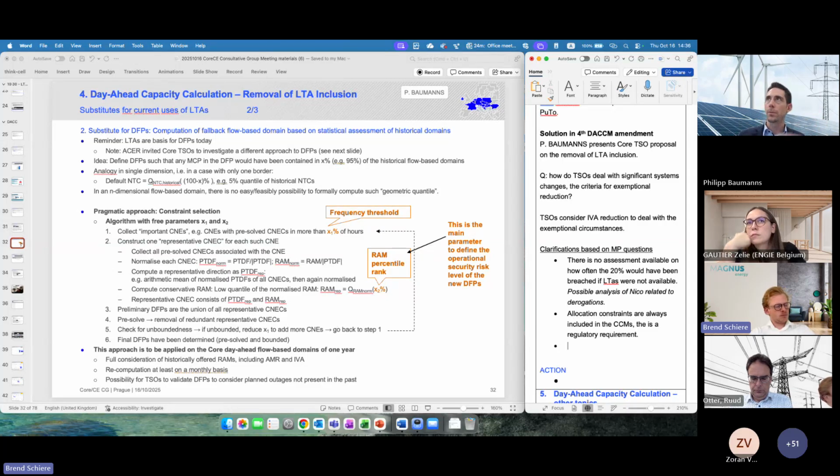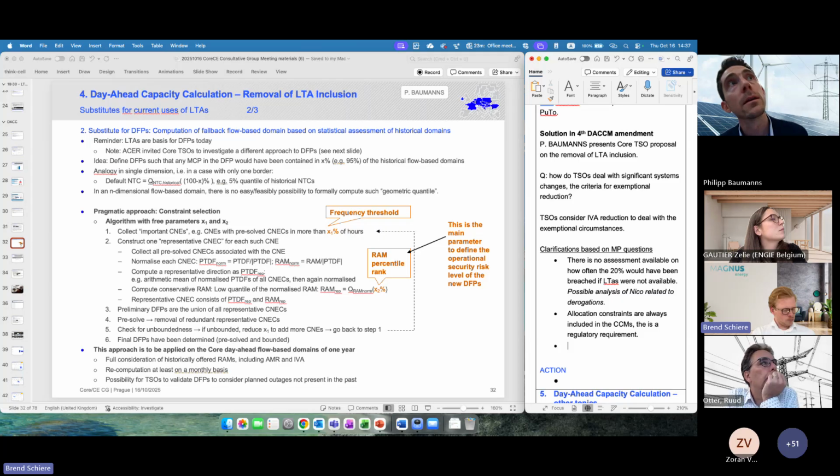So we also would provide the TSOs the right to validate this DFP domain and do some reduction in such specific cases. But generally, that would be the approach we would propose for that. And I think we fulfill... If you go to the next slide, where ASA just provided an analysis on them.